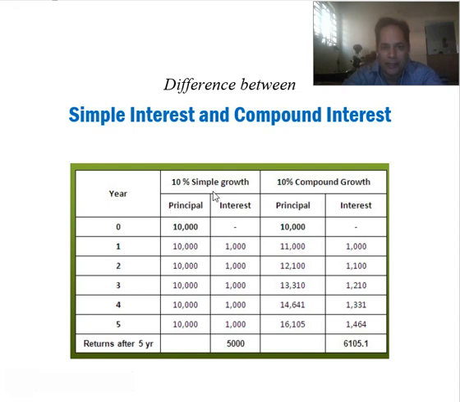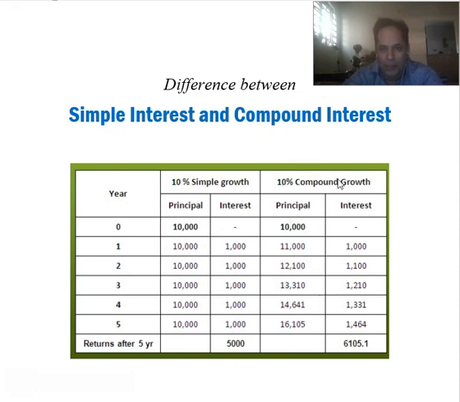Therefore, in simple interest case, you get always same amount of interest every year. Here in this example, you will get 1,000 every year. Your profit will remain constant year after year. Therefore, your total simple interest after 5 years will be 5,000.